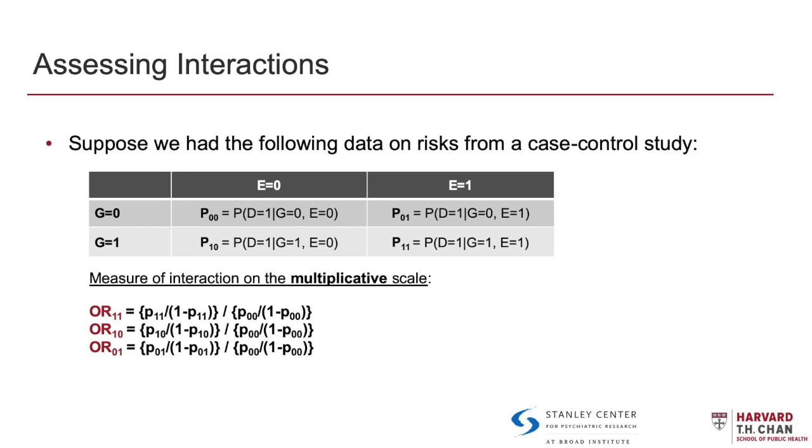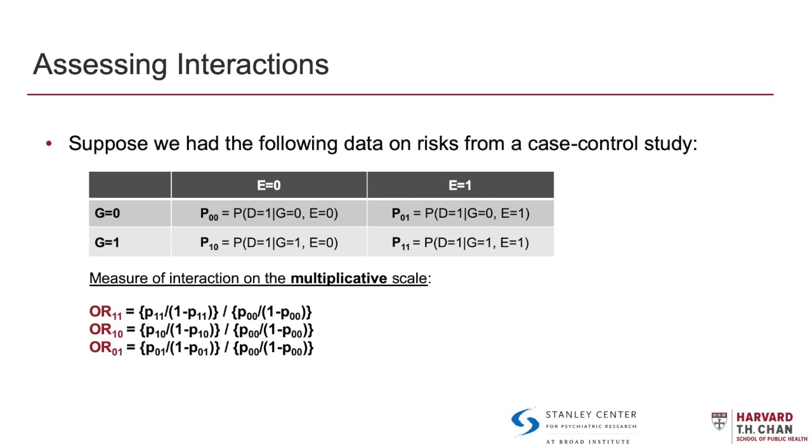Before we see that in an example, let's look at this in a case control study, where instead of a risk ratio, if we have an odds ratio, we would do the same thing. It's not different from what we have done earlier, except we have to calculate odds instead of risk ratios. As you might recall, the way we calculate odds is we take the odds for a specific cell.